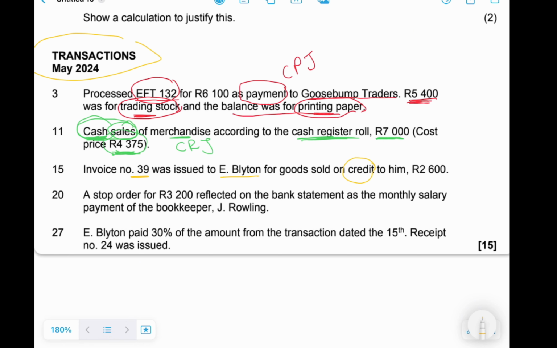Whenever we sell on credit, we don't go to the CPJ, because we go into the CPJ if we make a payment, and into the CRJ if we receive money. Now we didn't receive money, we didn't make a payment, so we go into the debtors journal, because in the debtors journal, we always record if we sold something on credit to our debtor.